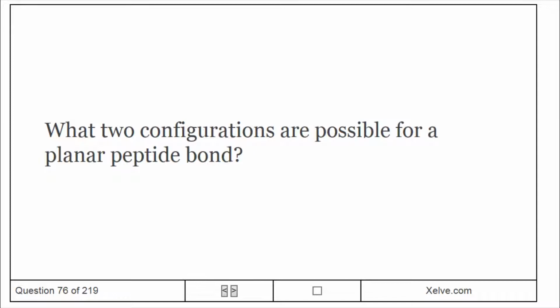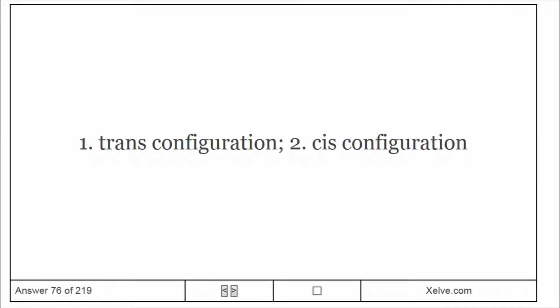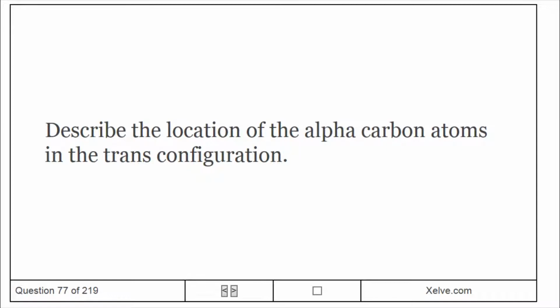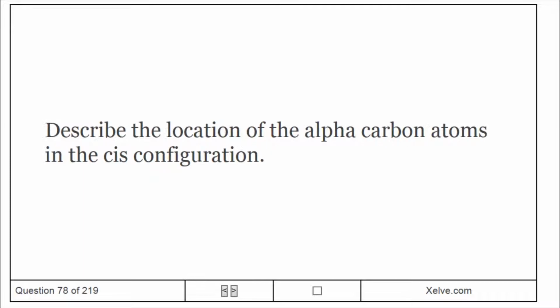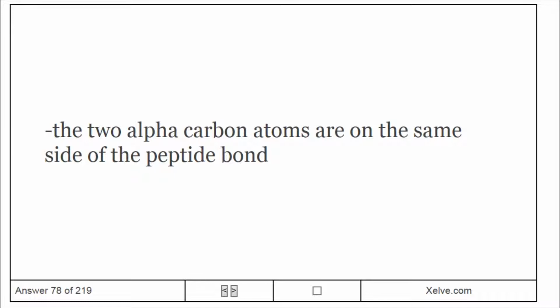What two configurations are possible for a planar peptide bond? 1. Trans configuration. 2. Cis configuration. Describe the location of the alpha carbon atoms in the trans configuration. The two alpha carbon atoms are on opposite sides of the peptide bond. Describe the location of the alpha carbon atoms in the cis configuration.